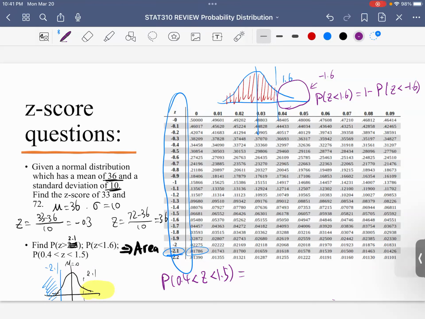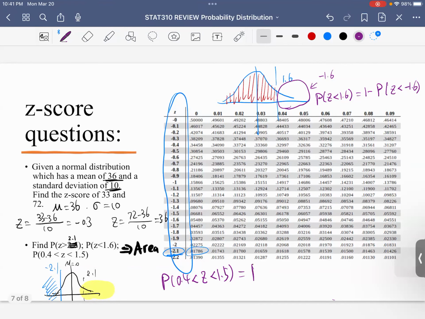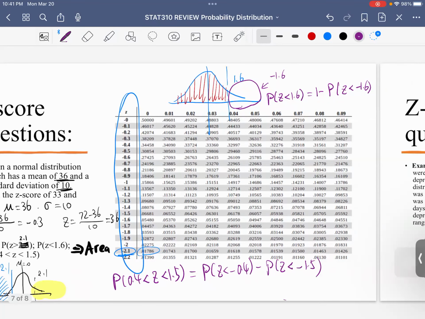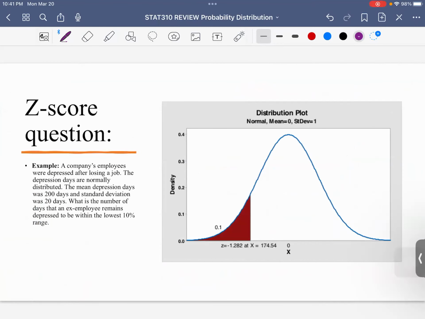So when you go to the symmetry, you will find that the answer is P(z less than negative 0.4) minus P(z less than negative 1.5). So next question.